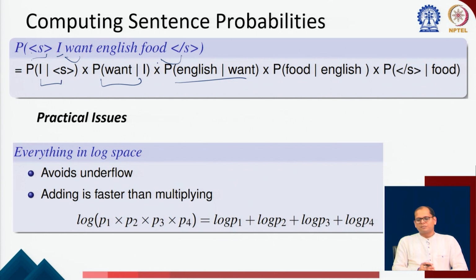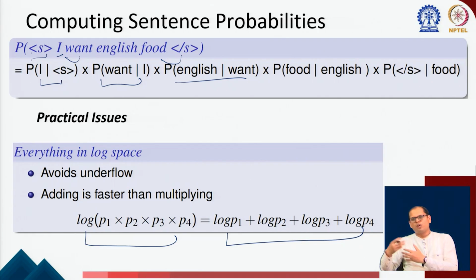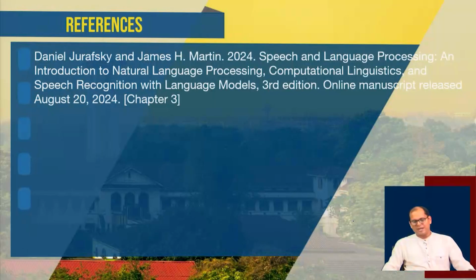Because finally we may not be interested in the actual value, we may be interested only in the comparison. So what we do is take it to the log space. In log space, multiplication of probabilities is nothing but addition of log probabilities. So typically we work with addition of log probabilities rather than multiplication of probabilities. So that is one practical issue.